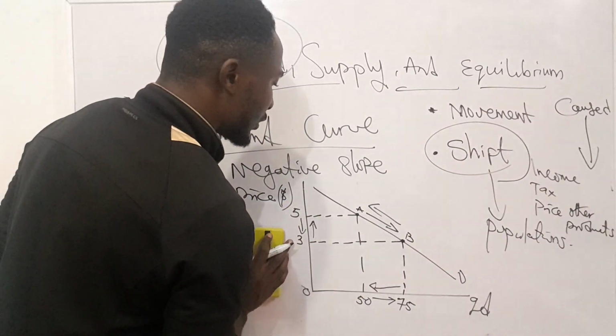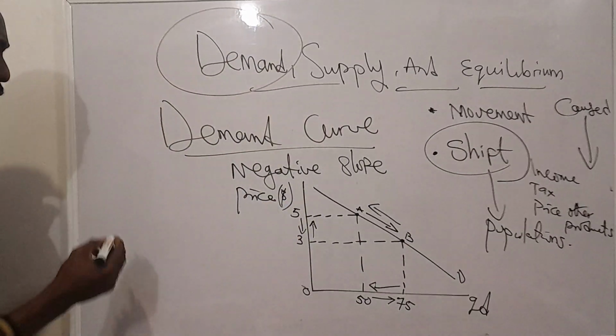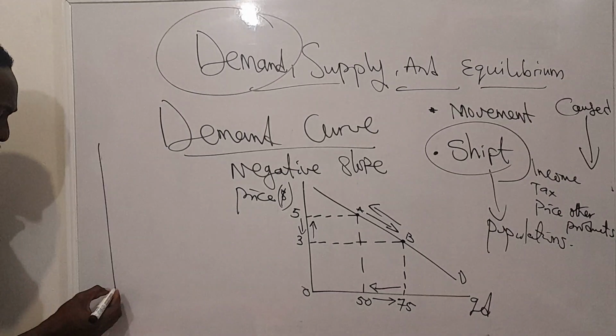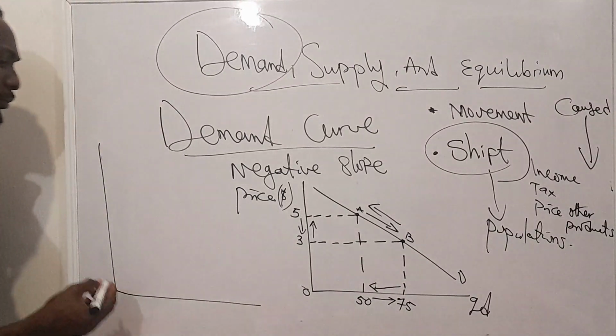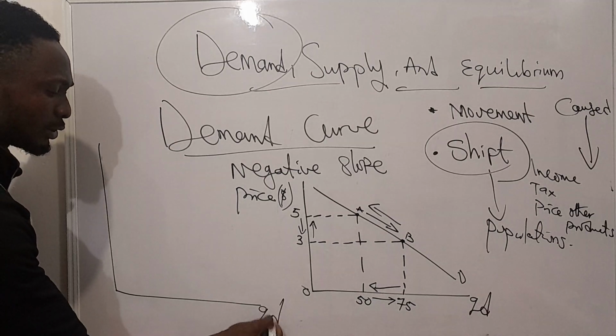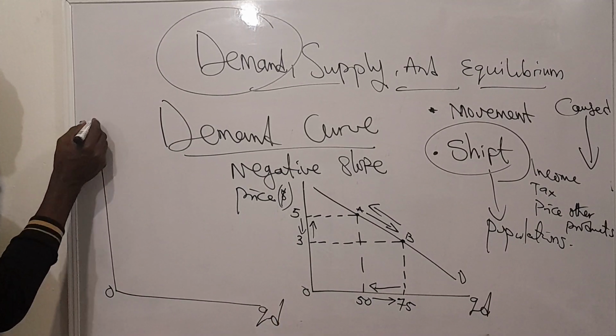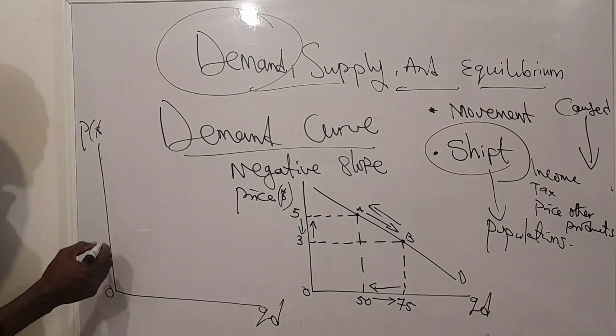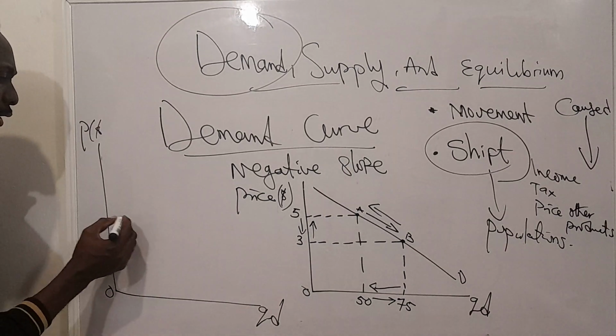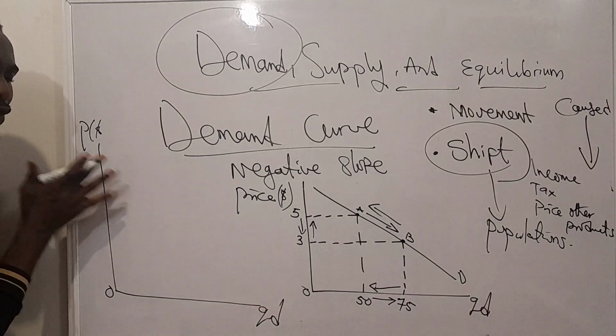So how does the shift along the demand curve look like? So this is what we call a shift. Okay, so normally we have our quantity demanded, 0, and then we have the price given in dollars. So you will notice that the price does not cause a change here.